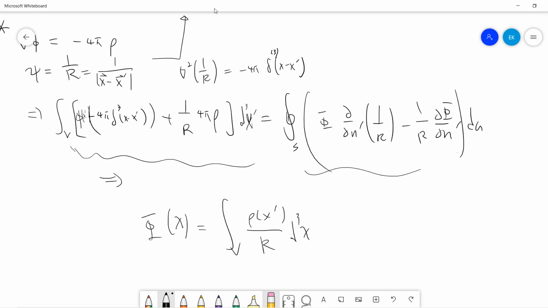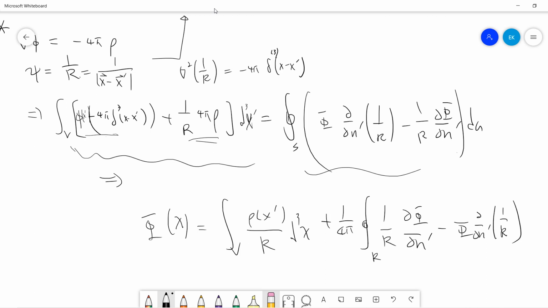This term is simple because you get phi, and you shift this term to the right hand side. So this is a famous equation that people usually use in electrodynamics. This is the surface term, and this is the volume term.